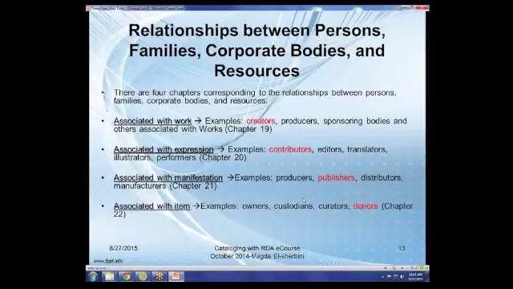I'm trying to think of an example of when you would want to record an individual access point, and the best example I can think of would be to record the bookbinder of a handmade book, possibly.